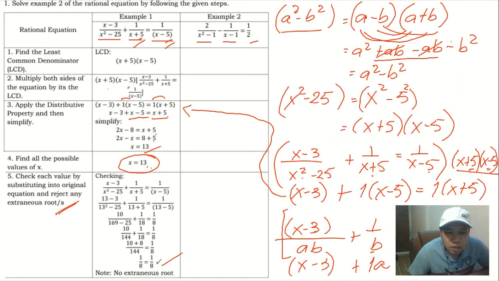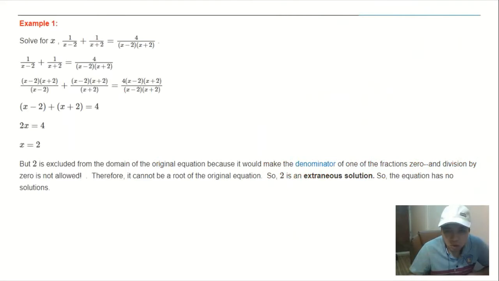Now, no extraneous root. Ibig sabihin, ito yung solution, pero posibleng hindi siya yung pinakasagot dun sa equation natin. Ito yung lumabas na solution, pero hindi siya yung pinakasagot. So, an idea lang, if we will try to solve this one, we will come up with x equals to 2.